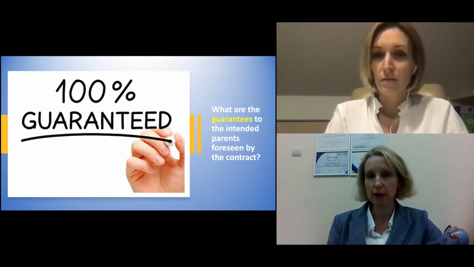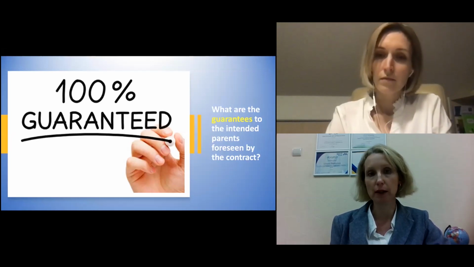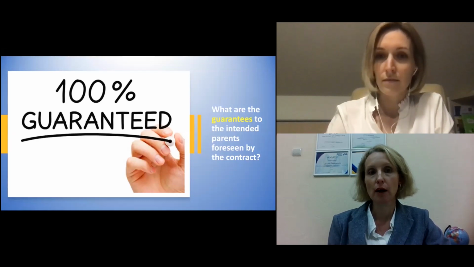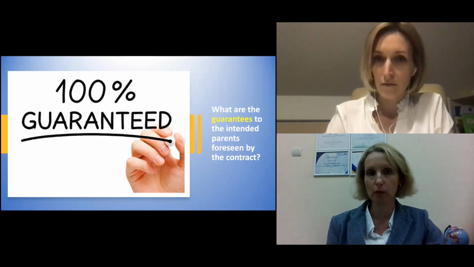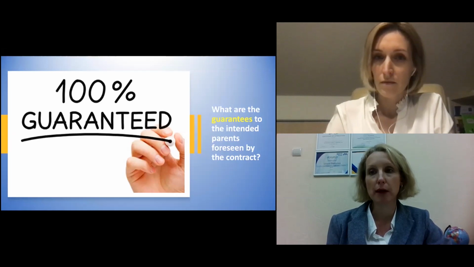So this guarantee is just transmitted in the clause of the surrogacy contract, and both parties of the contract just underline that they acknowledge this provision of Ukrainian law, that the intended parents are legal parents of the baby.